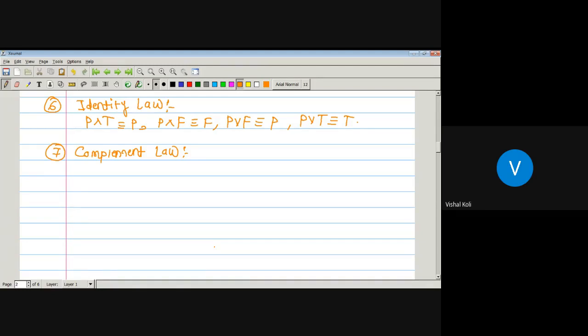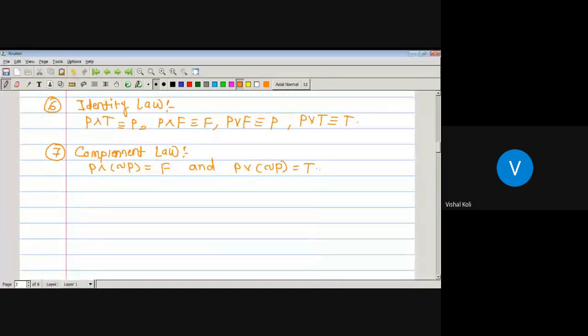P will be a given statement, then P and negation of P is always false, and P or negation of P is always true. So this will be a complement law.